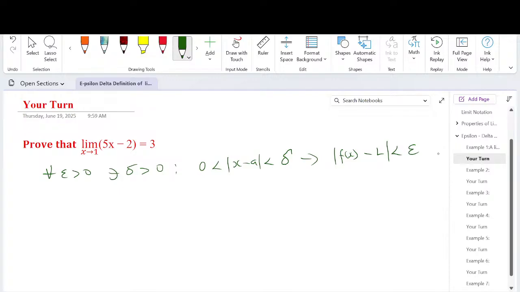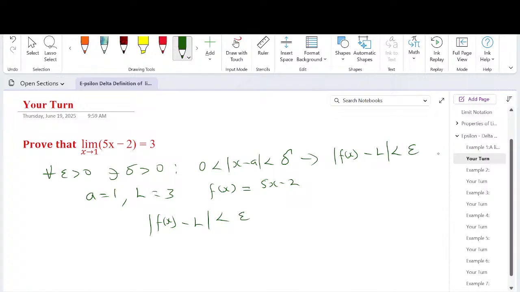And here we just write the value of a is 1, L equals 3, then f(x) is equal to 5x minus 2. So what we need to do is start with the absolute value of f(x) minus L being less than epsilon.